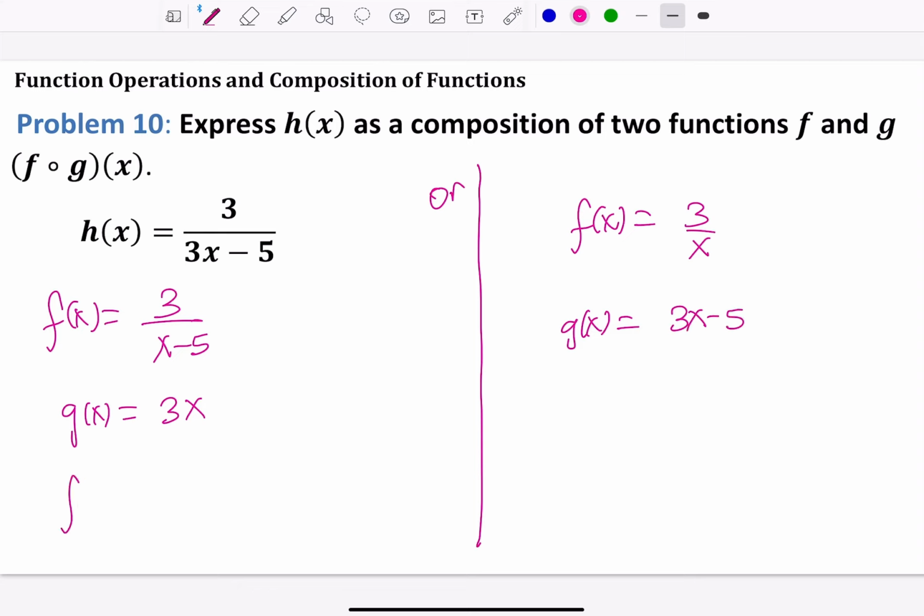Again, if you compose and you find f of g of x, it's going to be 3 over 3x minus 5. Same with the second set of functions. So there's multiple possible answers. Sometimes one is easier to think of or guess than the other possible options. That's all for composition of functions and algebra on functions.